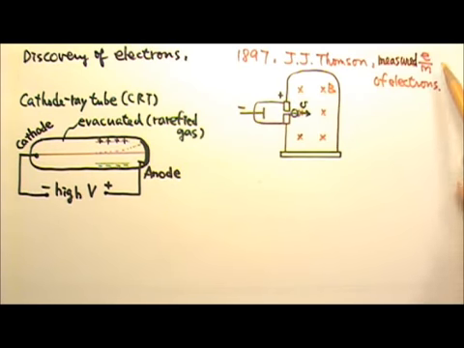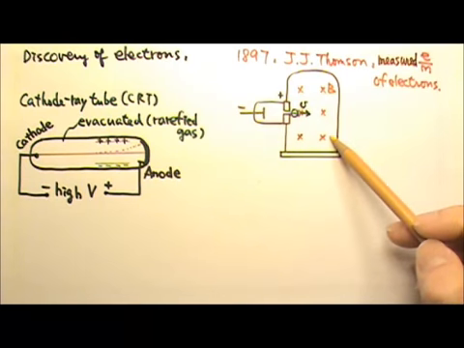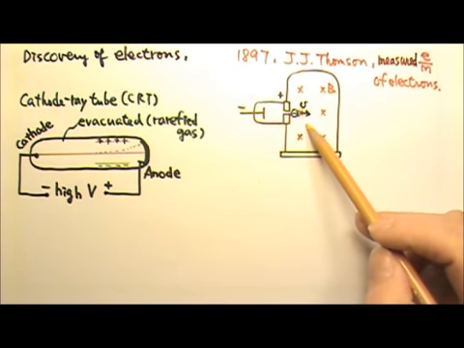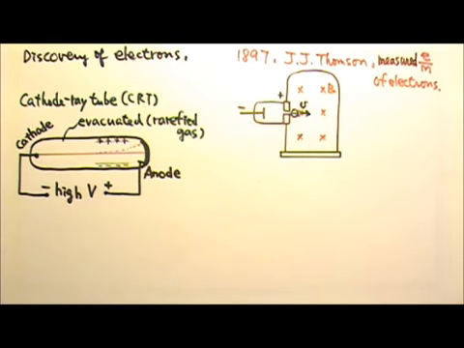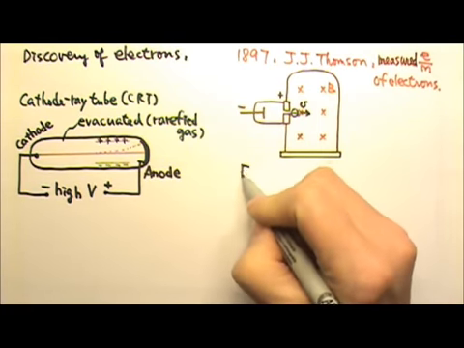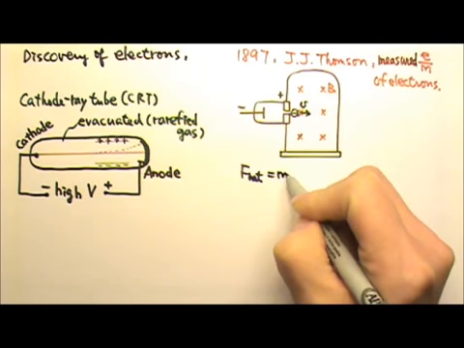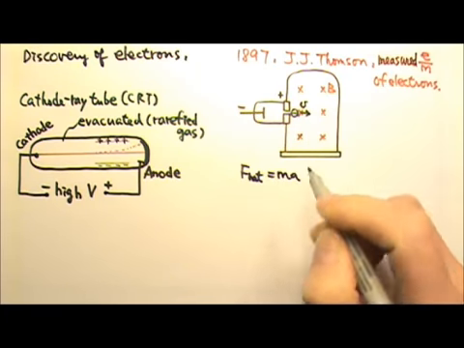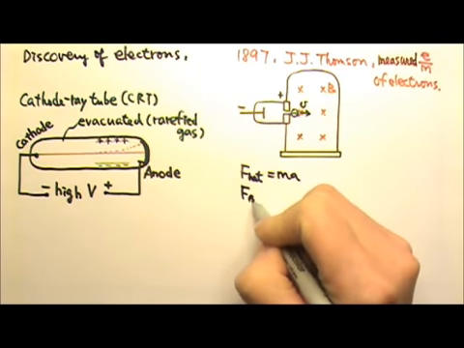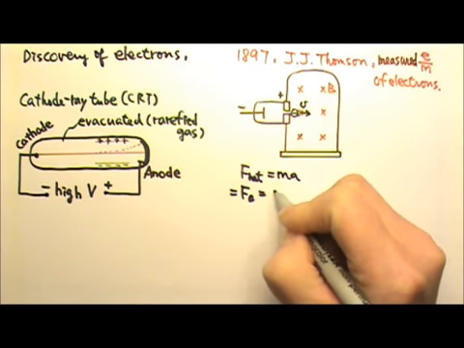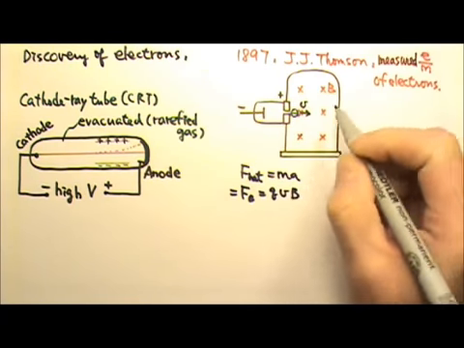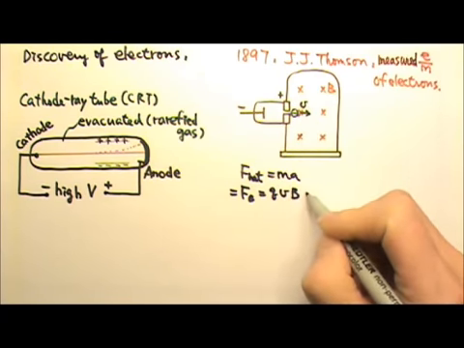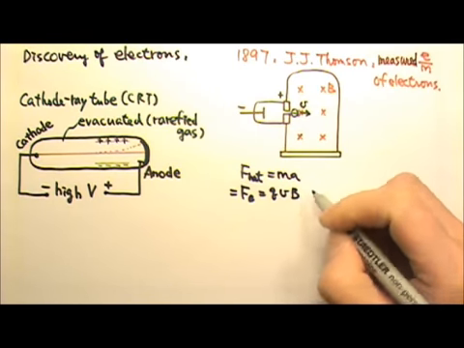One way to find the e/m ratio is to apply only a magnetic field perpendicular to the velocity of the rays, so the rays do circular motion. Therefore, we can write net force equals ma. Since there is only a magnetic field, there is only magnetic force acting on the charge, and that will be qvB, because B is perpendicular to v, so the sine of the angle between v and B is 1.